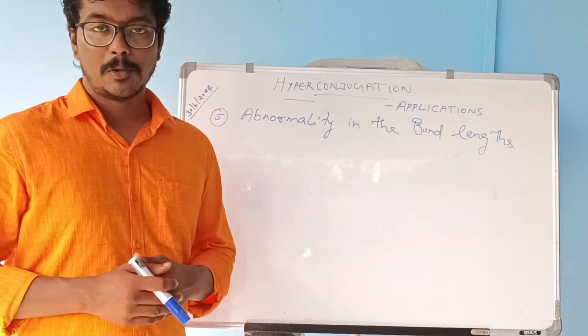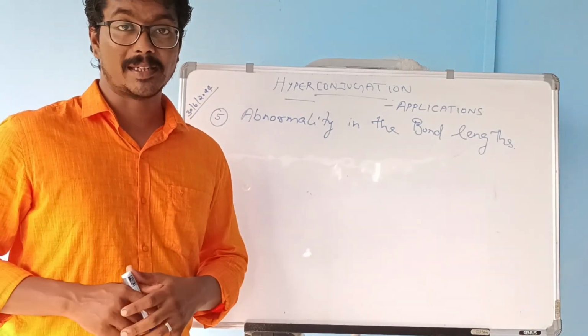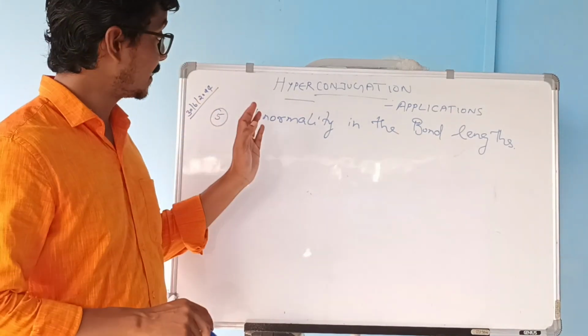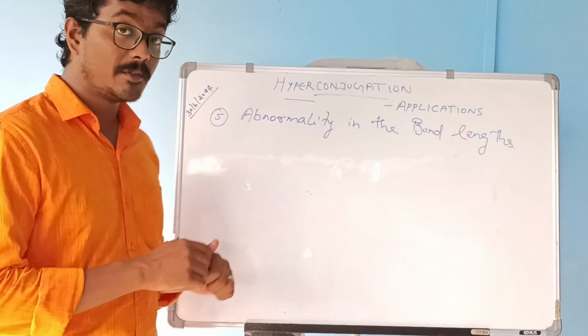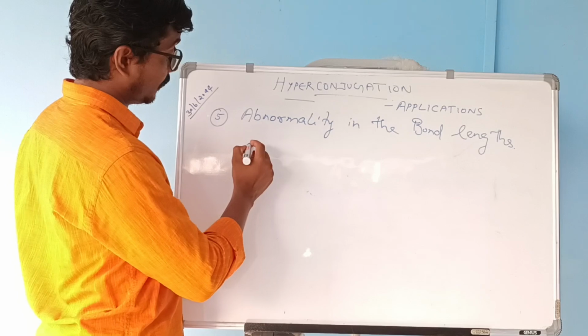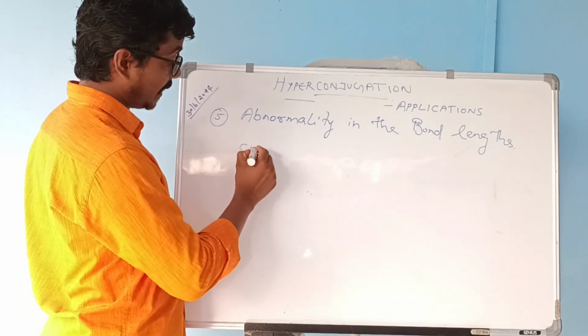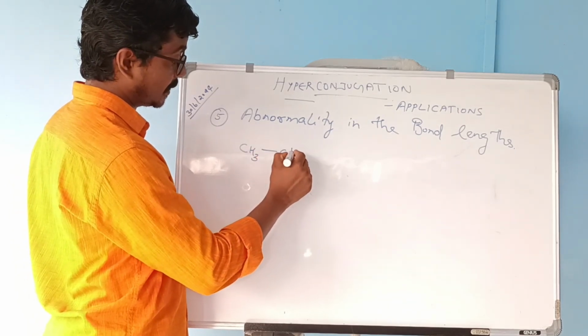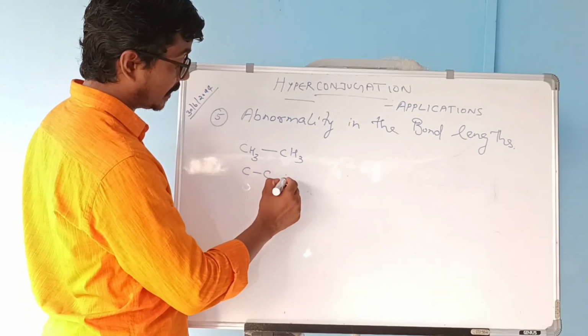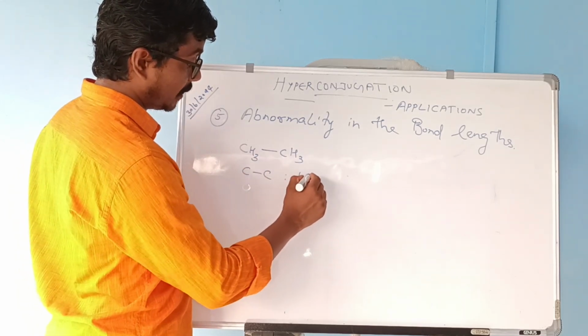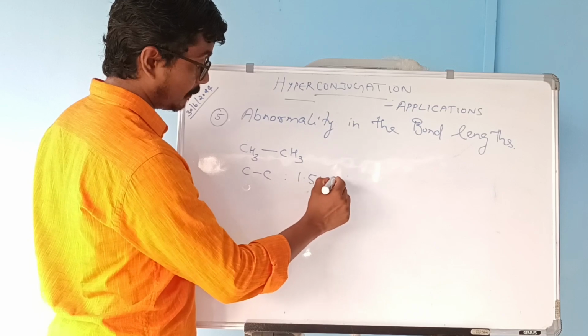The fifth application of hyperconjugation is very important in experimental studies, that is abnormality in bond lengths of compounds. So directly we will discuss with an example. In the case of ethane, CH3-CH3, the carbon-carbon bond length is 1.54 angstrom.